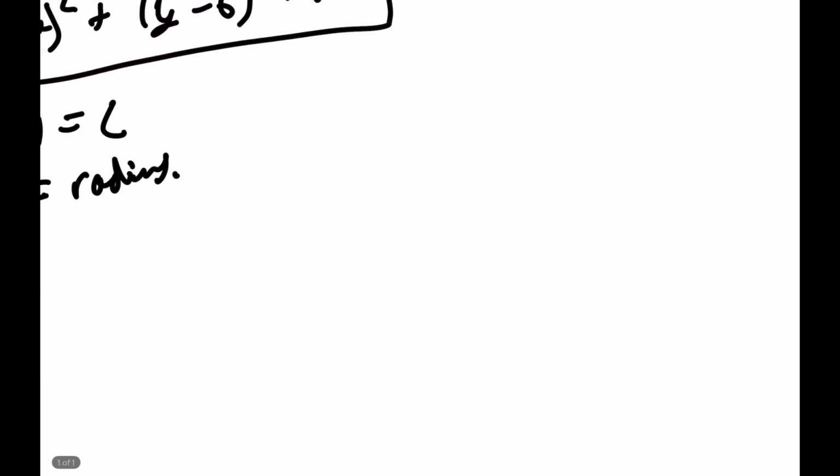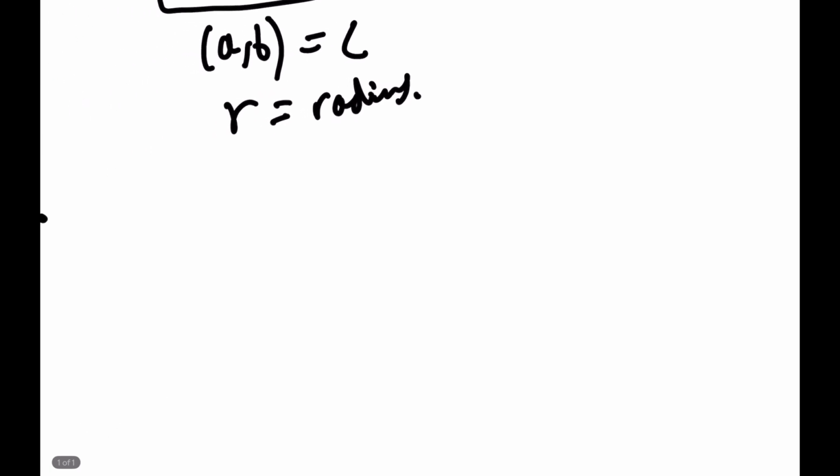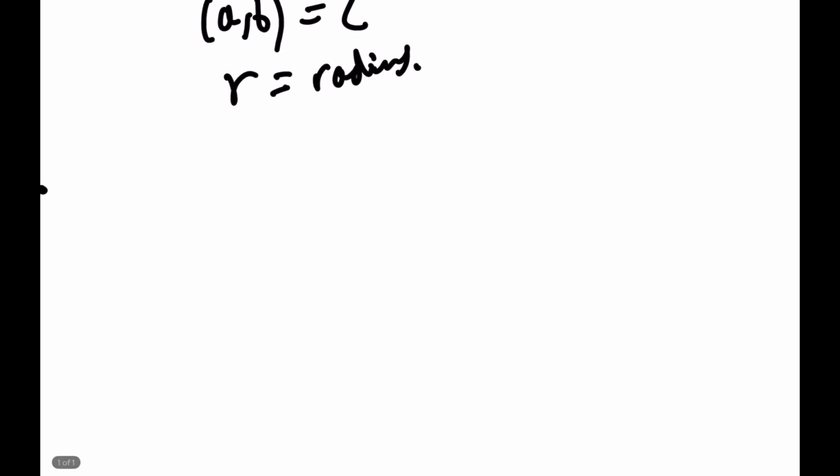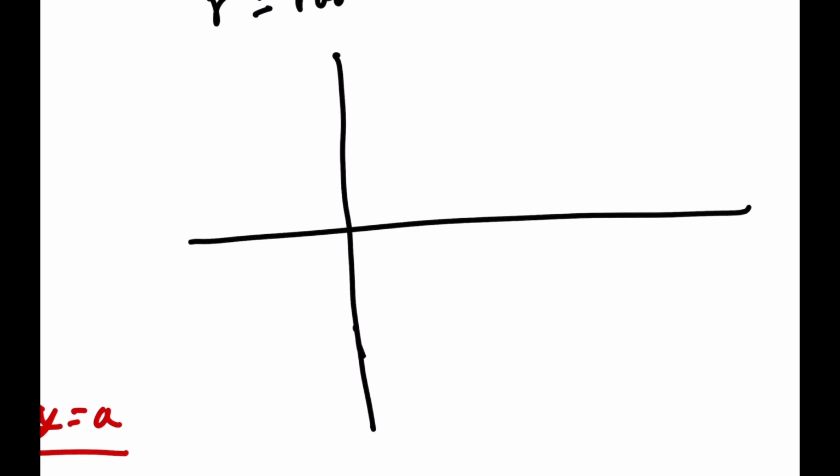And let's try some examples of where we would use this. So say we have a circle like here on the coordinate axis. Let me write it down, x and y. And we have a circle that goes somewhere like this.